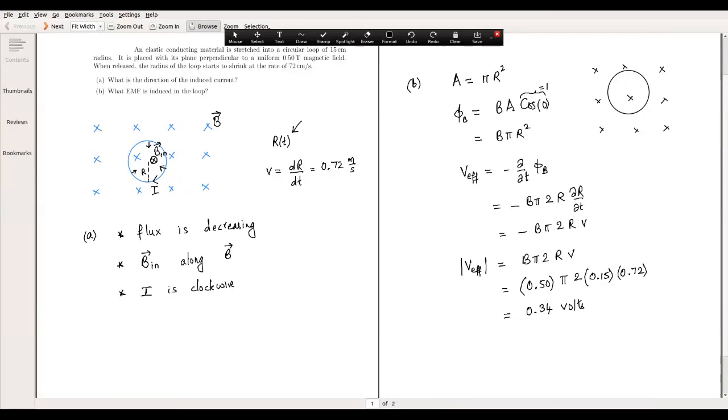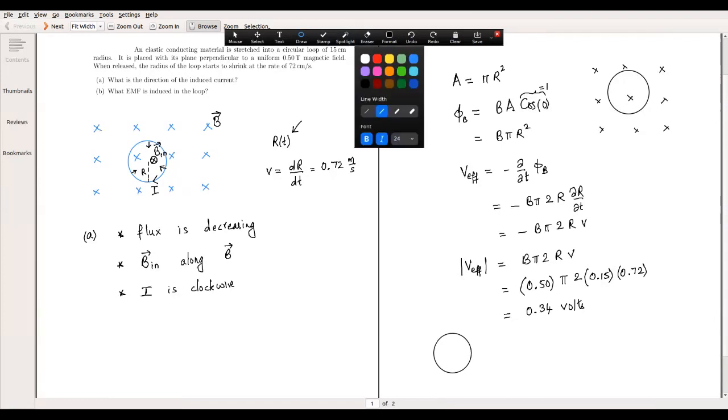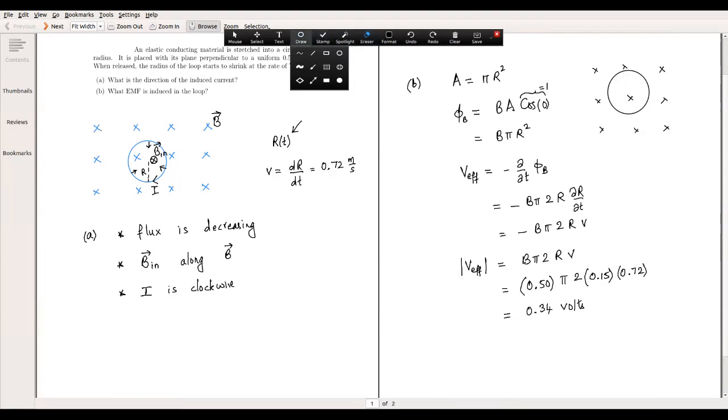So effectively, if we take care of the direction also into the problem, it's best to draw that as a circular loop itself. And the direction of the current is clockwise.